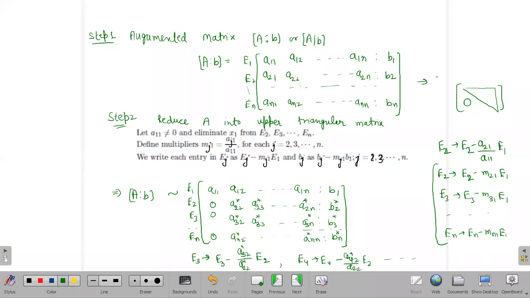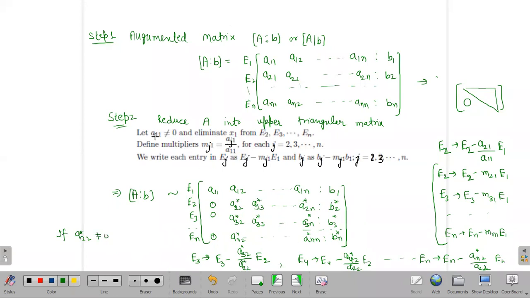So this way you can write the general operation also: En minus An2 by A22 into E2. Here you should also write that if A22 star is non-zero, then only you can do these operations.